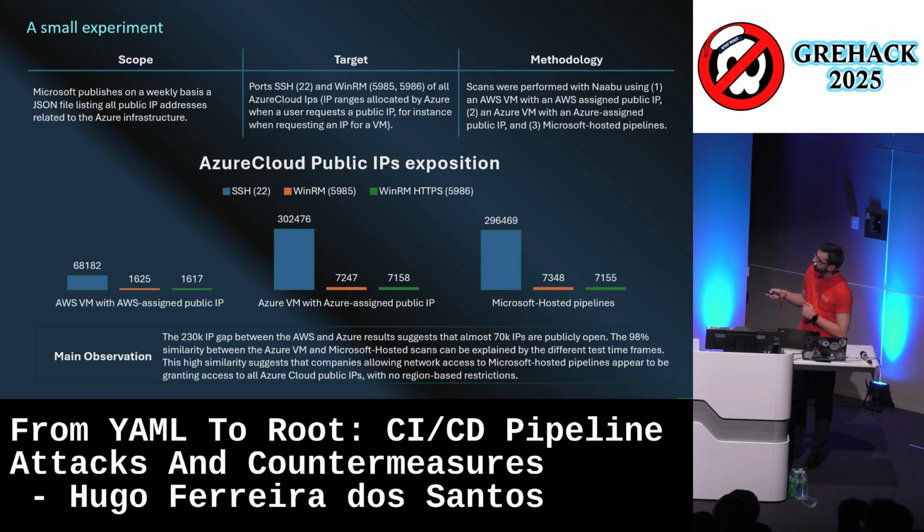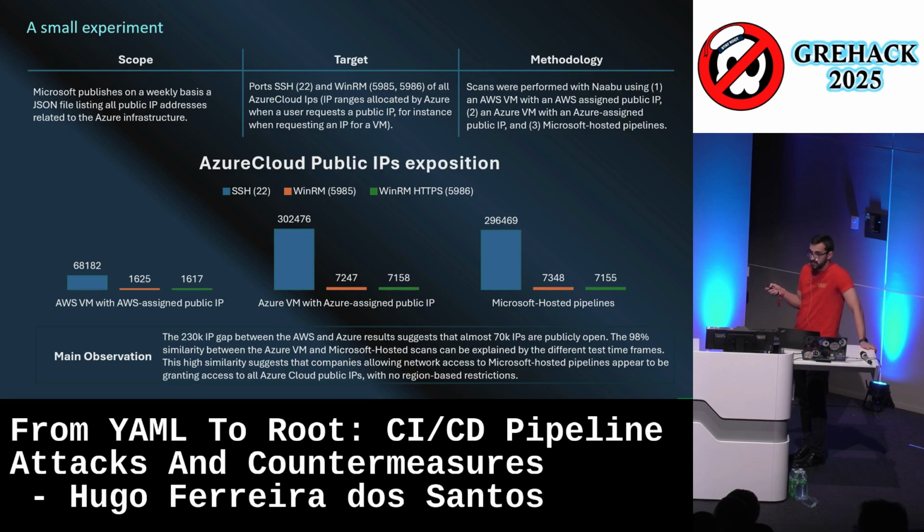On an Azure VM with also an IP assigned by Azure, and on a Microsoft hosted pipeline. What we saw from these results is that we have almost 300,000 IPs that are open to the network and accessible from an Azure VM or Microsoft hosted pipelines.